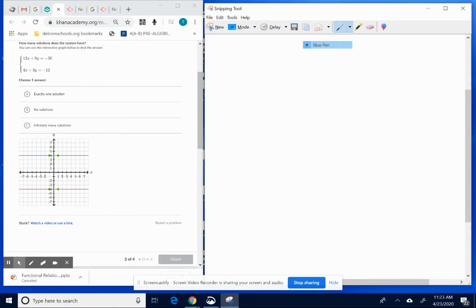Let's look at that top equation: 12x plus 9y equals negative 36. I'm going to solve this top equation for y. I'm going to get rid of the added 12x by subtracting 12x from each side.